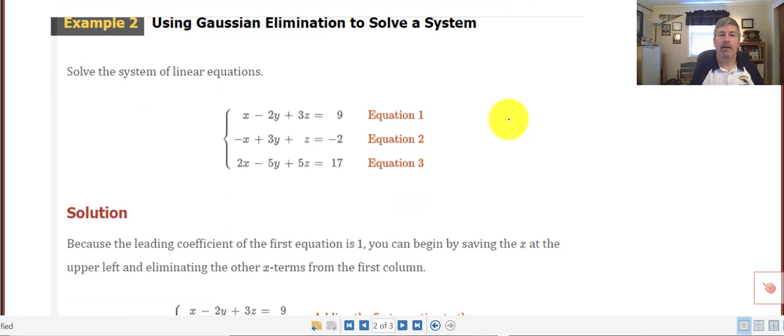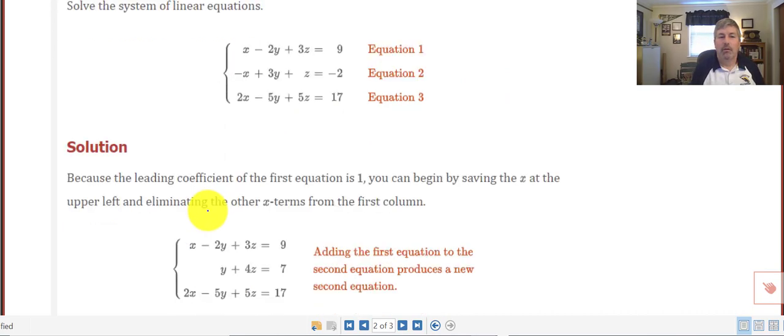So let's take a look at using Gaussian elimination to solve a particular system. We've got a system of equations here with three variables, so we have three distinct equations. We're going to take a look at the solution here and how this process works. Because the leading coefficient of the first equation is 1, you can begin by saving the x at the upper left hand and eliminating the other x terms from the first column.